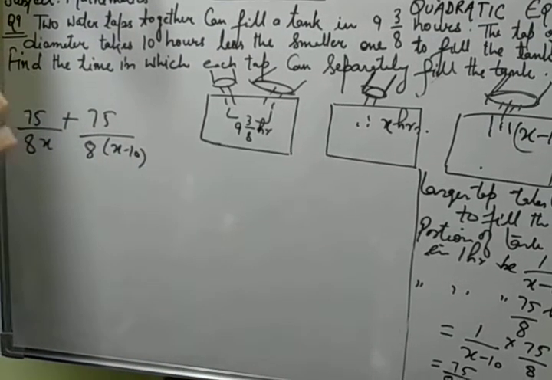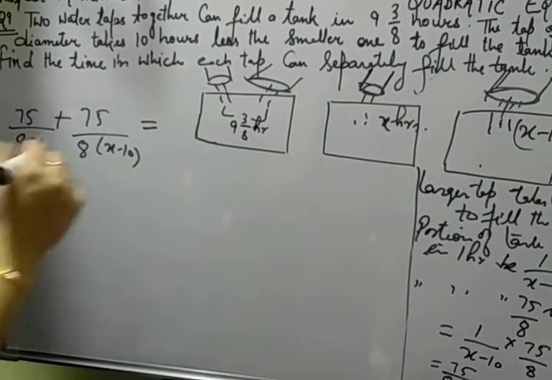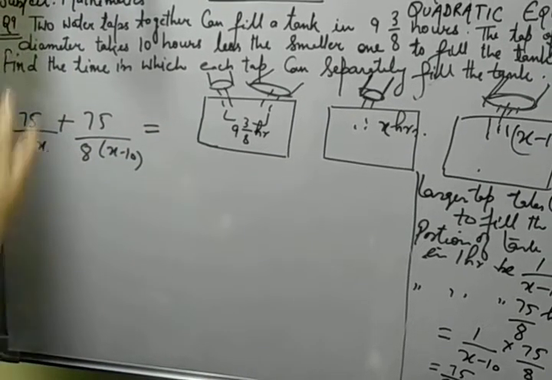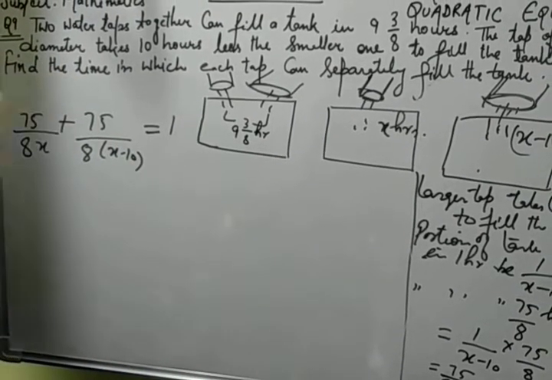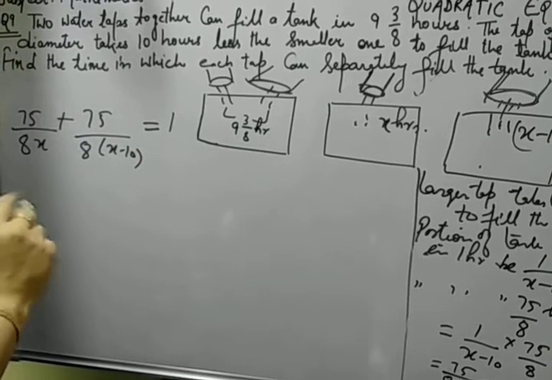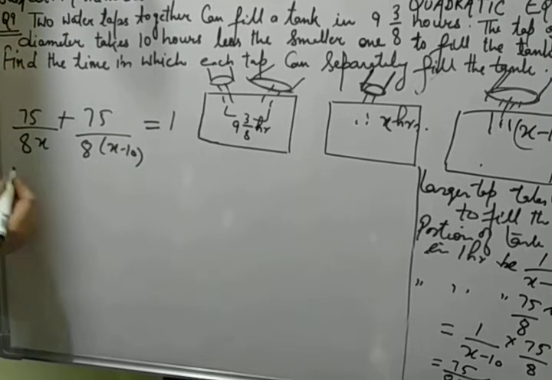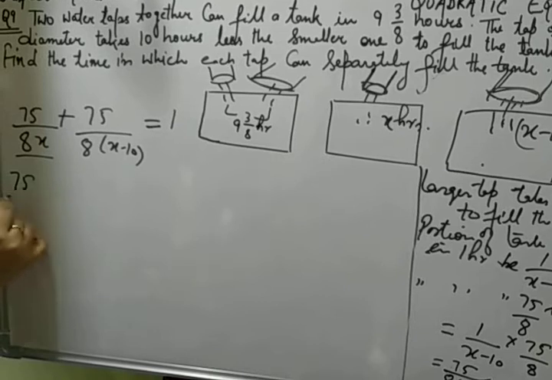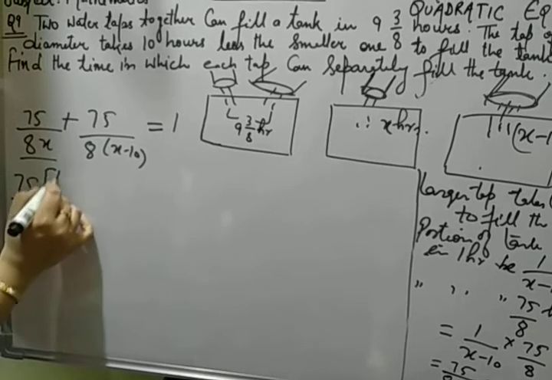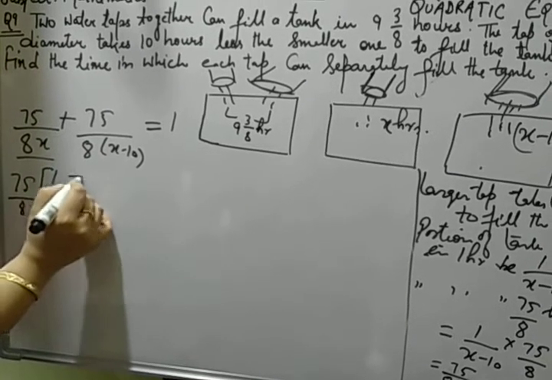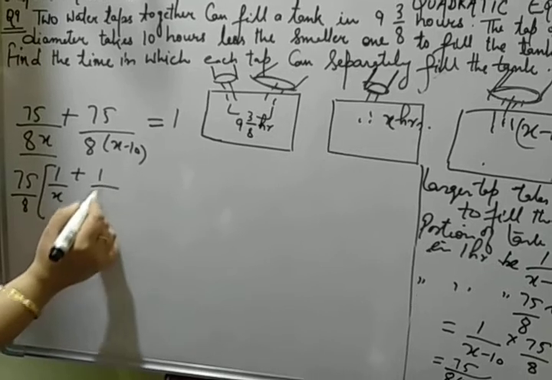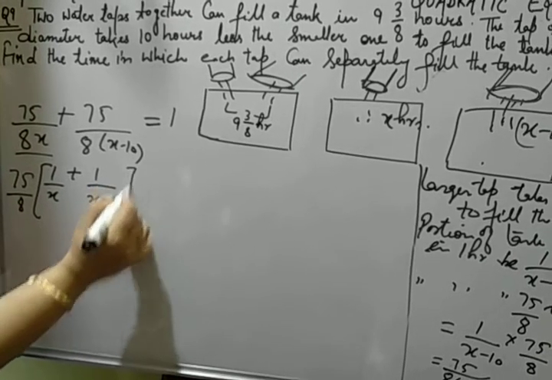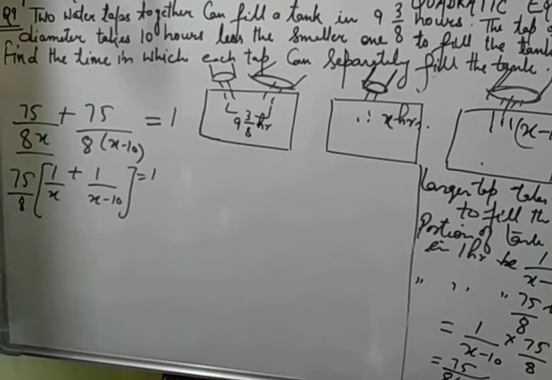Whole tank we always denote by 1, because there is only one tank, तो whole thing को हमेशा हम 1 से denote करते हैं. Now 75 upon 8 is common. What is left? 1 upon x plus 1 upon x minus 10 is equal to 1.